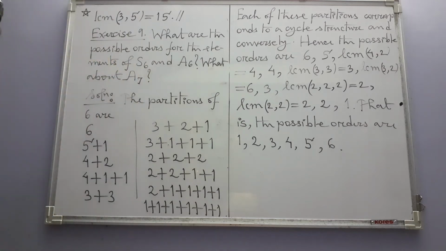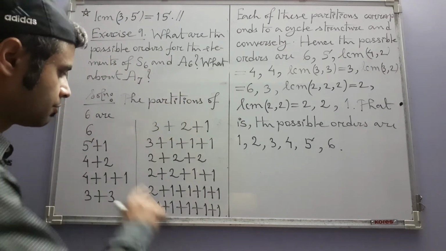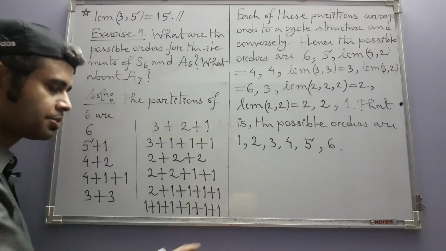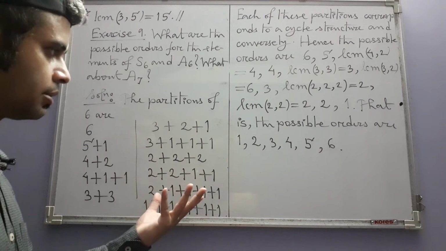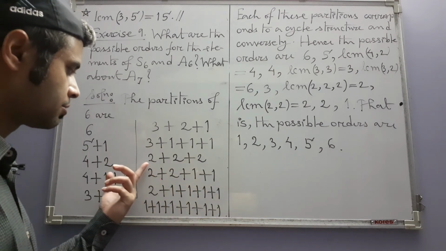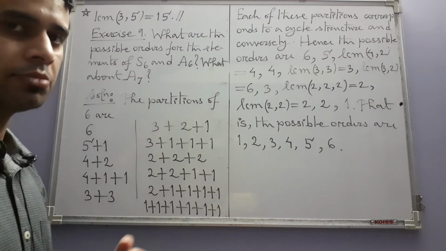Now what about A6? What about the alternating group? So from these partitions, we have to guess which cycle structures, or in other words, which of these partitions correspond to even permutations.